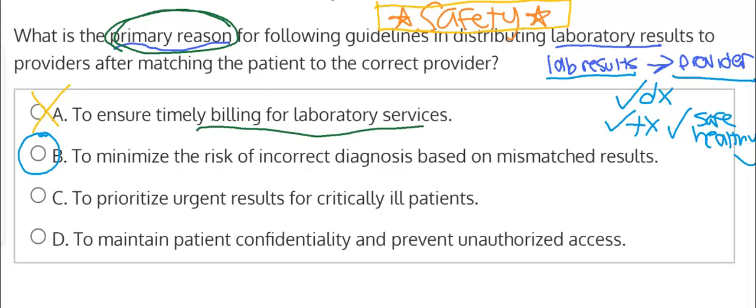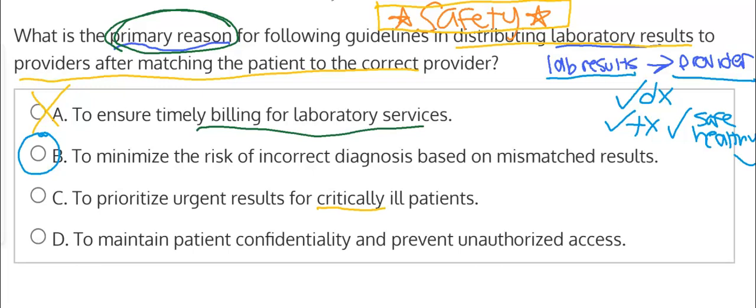Let's take a look at option C. To prioritize urgent results for critically ill patients. And although that is important, we need to make sure that we get critical results to the provider in a timely fashion. This question is focusing on following guidelines and just distributing laboratory results in general. And we also need to keep in mind a risk of mismatching results.